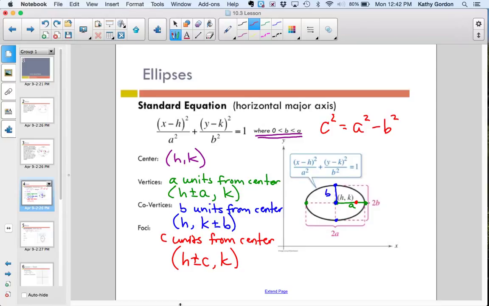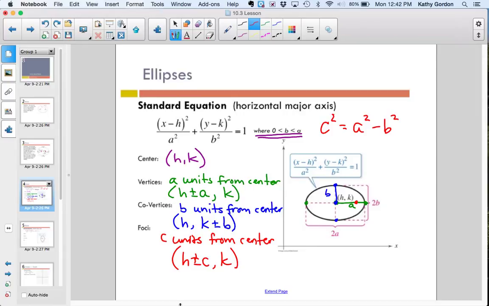Okay, now again, the general form of all of this can be a bit overwhelming. You can kind of look at that and go, yeah, I don't know. Once we actually start doing this, though, it's really pretty easy. When you actually put numbers in place and we're dealing with actual equations, it's fairly easy. You have to identify A, which is the square root of the biggest denominator. You have to identify B, which is the square root of the smaller denominator.